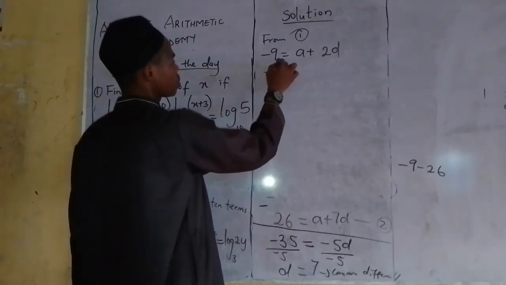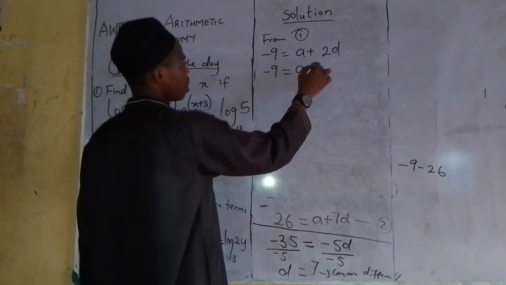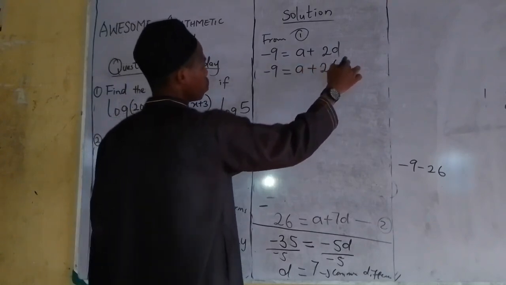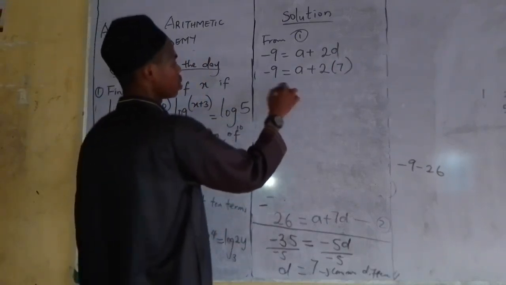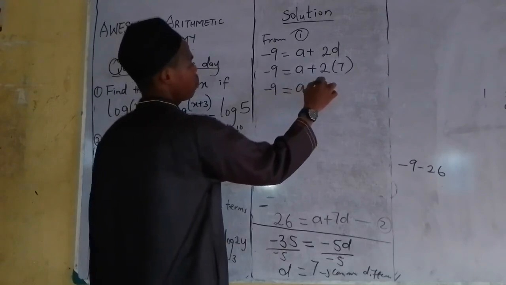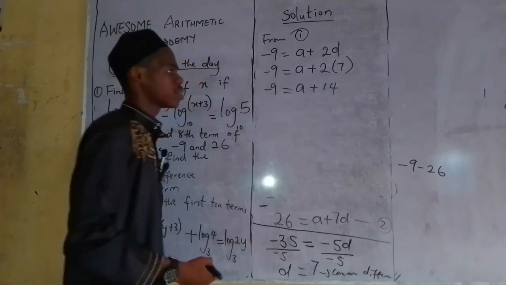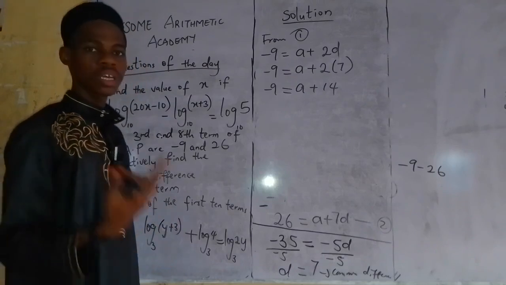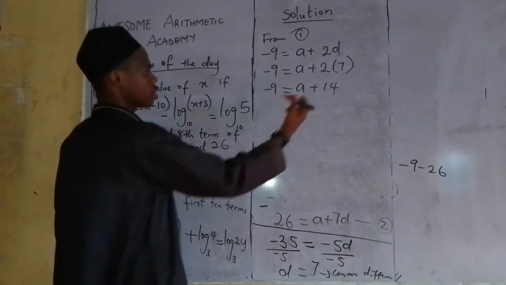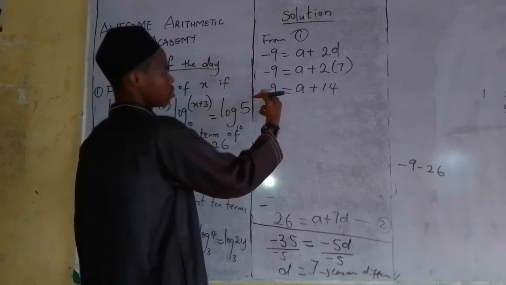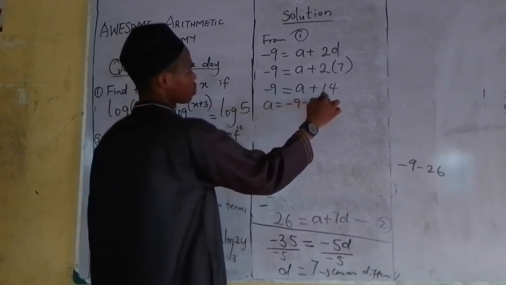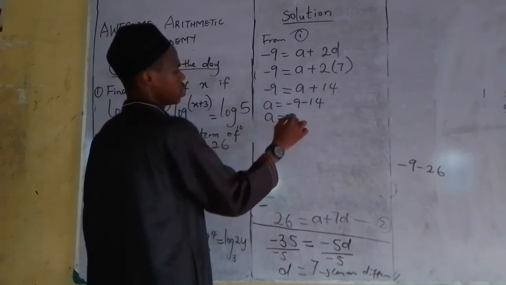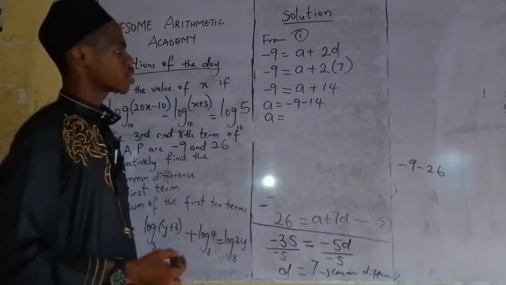So that will be -9 equals A plus 2 times 7. And then this will give us A plus 14. Right? In that case, when I collect the like terms, that is 14 coming beside 9, A equals -9 minus 14.